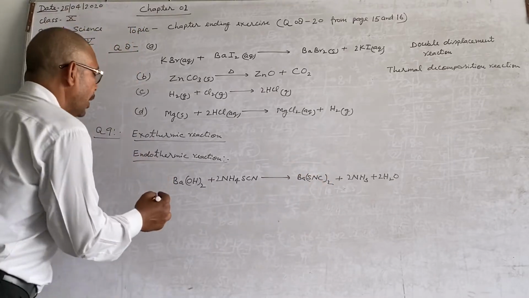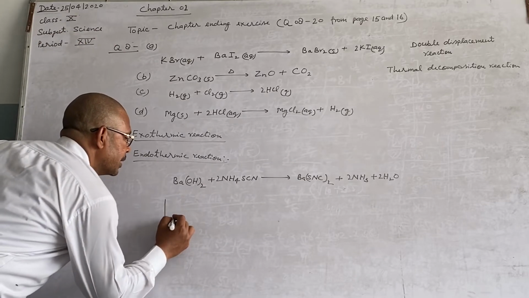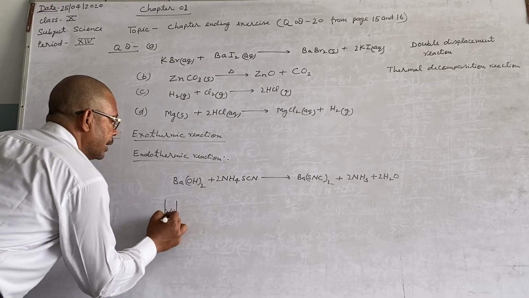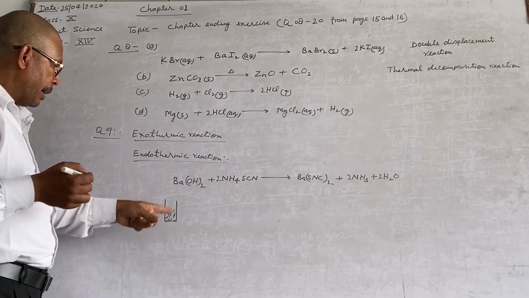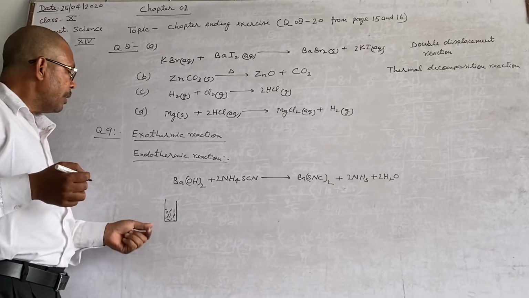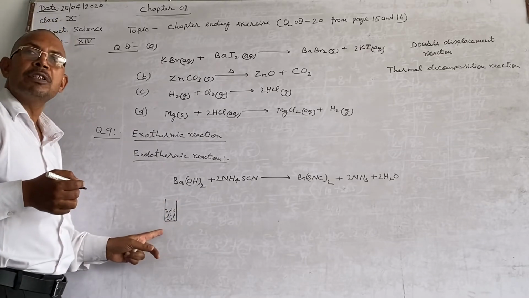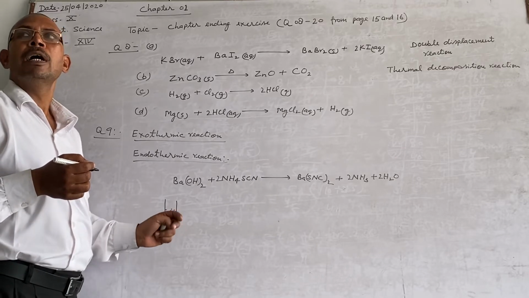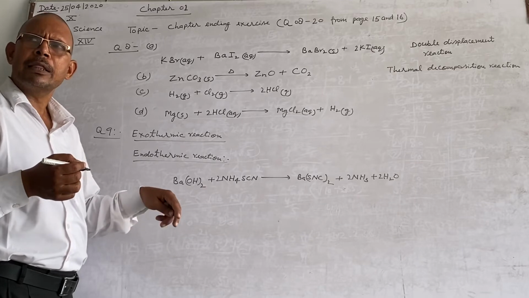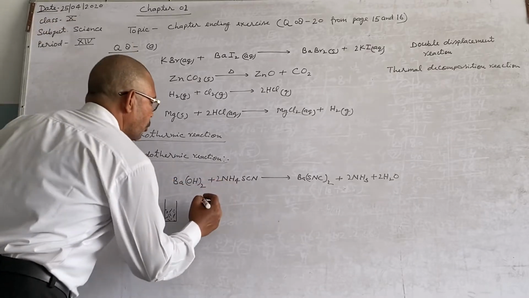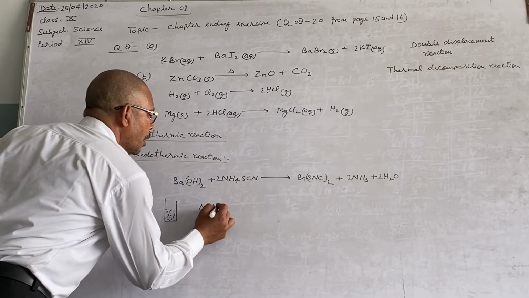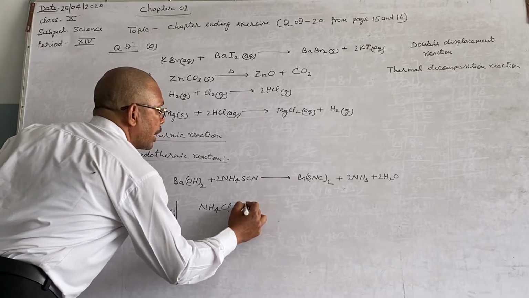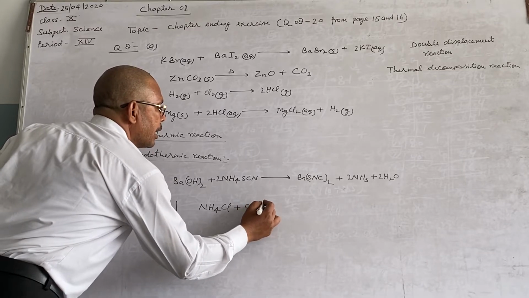That is, when the reaction mixture is taken in a container and they are mixed, finally we get water droplets on the outer surface of the container. So this is a very good example of endothermic reaction. You may take some more examples, like ammonium chloride plus calcium hydroxide.